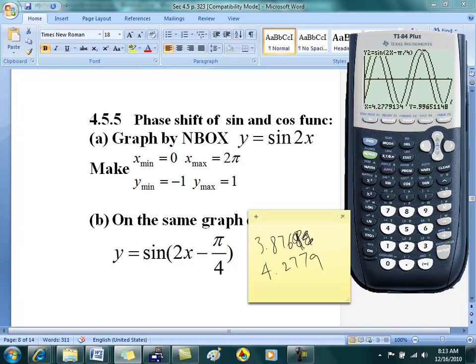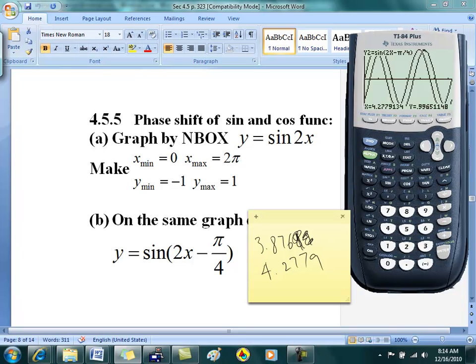What are those values? The top number is the x value when the cursor was on the peak of the first graph. The bottom number is the x value when the cursor was on the top of the second graph. I want the distance between those two. It doesn't matter which one is top or bottom. All I want is the x values of two consecutive peaks, two consecutive maximum values.